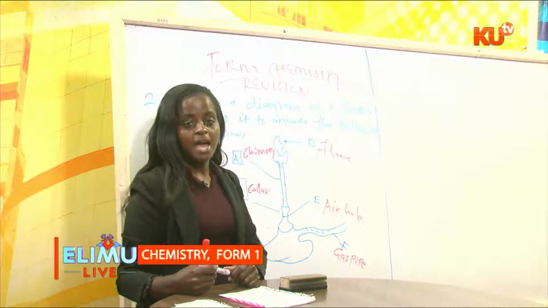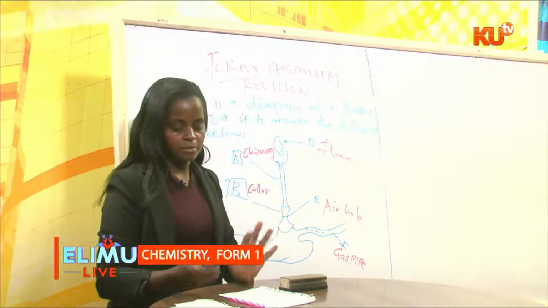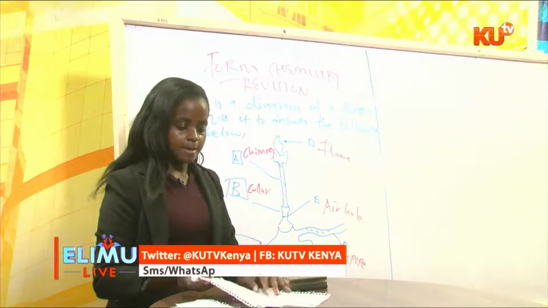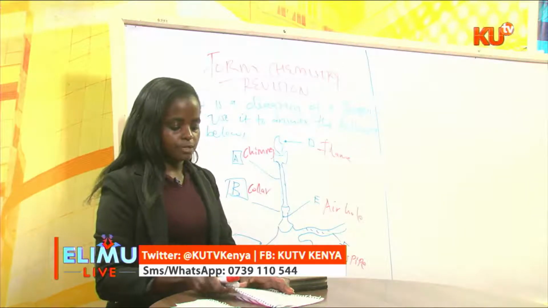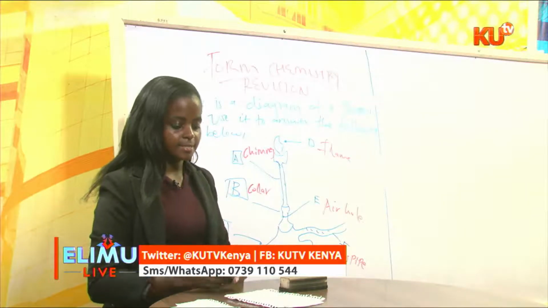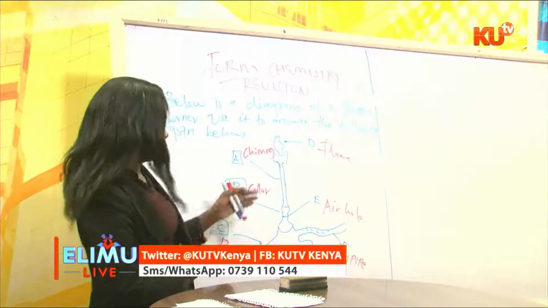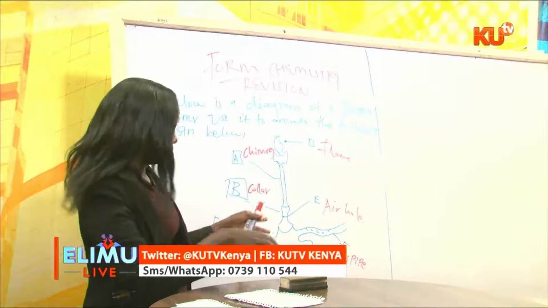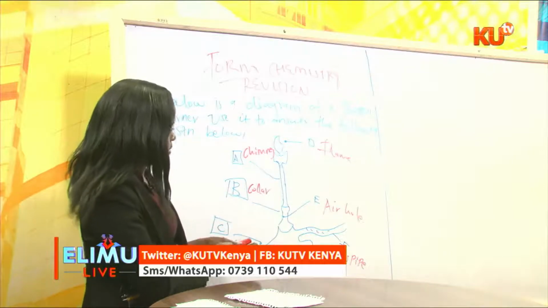Remember, you can also be asked another question about the different types of flames, where you state the differences between these flames. I think I'm done with this Bunsen burner.